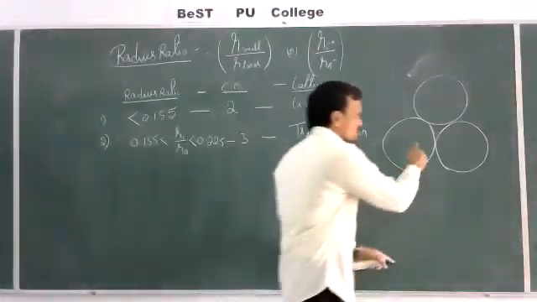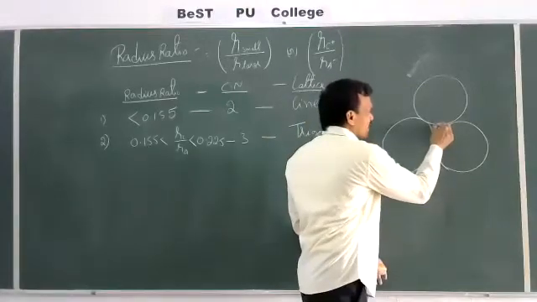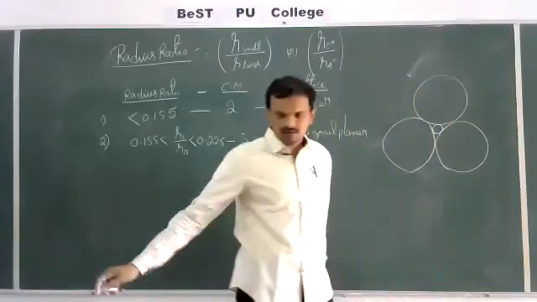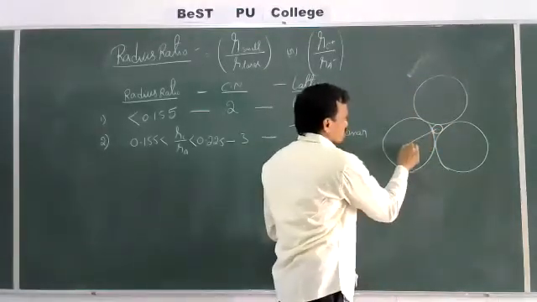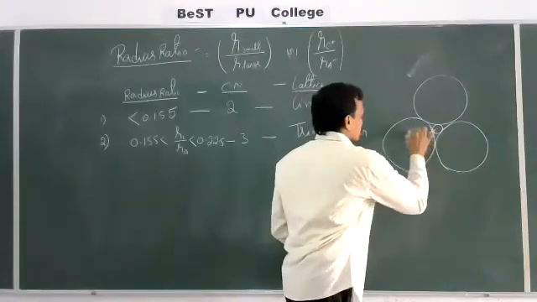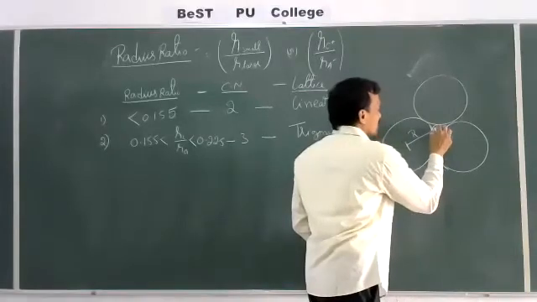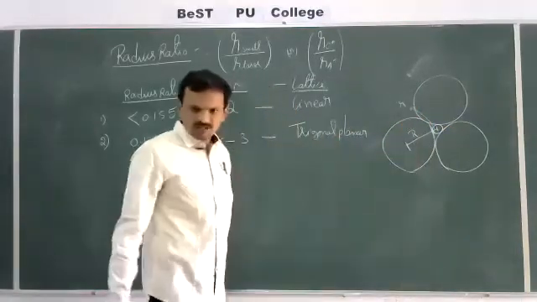Now between these 3, some empty space is there, which is called a void, a triangular void. Now in this void, a particle is occupied. This is the radius of the large particle, capital R, and this is the radius of the small particle, which is smaller.